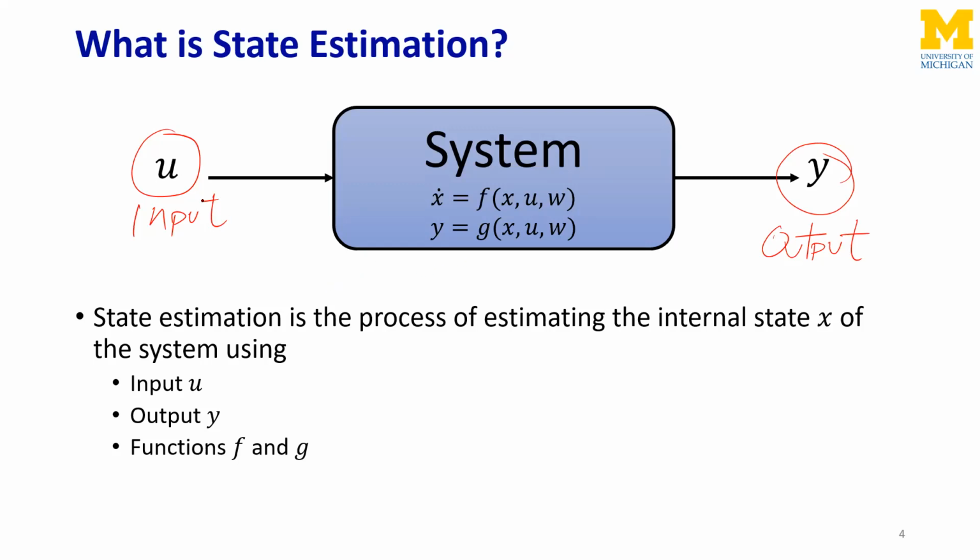We only know U because we apply the input U, and we measure the output Y because we have sensors. And we may have a certain description of the system given by these maps F and G, the dynamics map F and the output map G. State estimation is simply the process of estimating the internal state X of the system using the input U, the measured output Y, and the functions F and G.